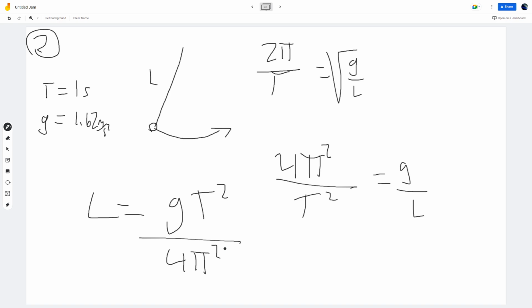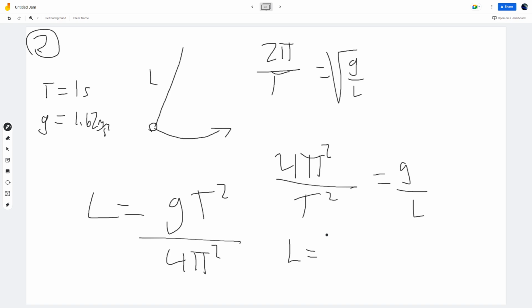So 1.62 times 1 squared divided by 4 times 3.141 squared. And the length, I have no idea what is going on right now.